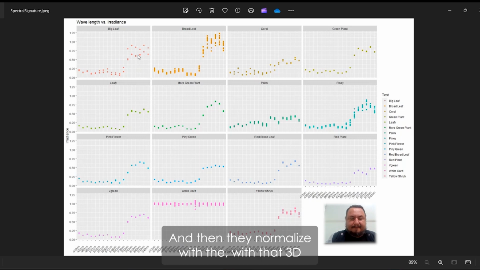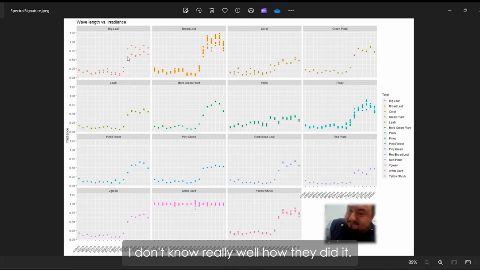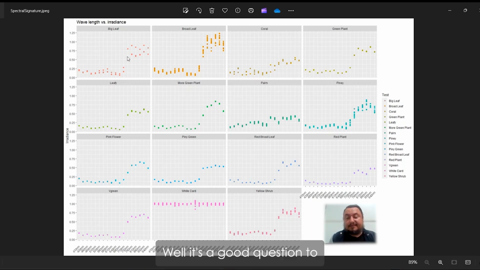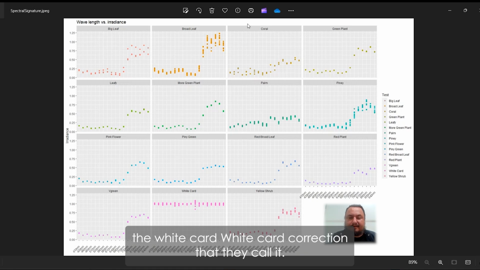And then they normalize every measurement in here with that reading. I don't really know how they did it, but it's a good question, and they could share more details about how they did the white card correction, as they call it.